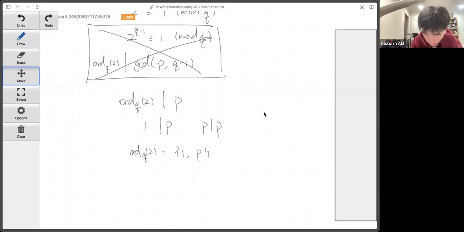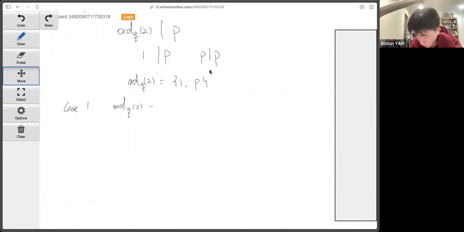So we can split it into cases. So case 1, the order of 2 with respect to q is equal to 1. Normally when the order of something is equal to 1, that's pretty cooked, right? So let's have a look at this thing. If we have 2 to the 1 is congruent to 1 mod q, that will force 1 to be congruent to 0 mod q.